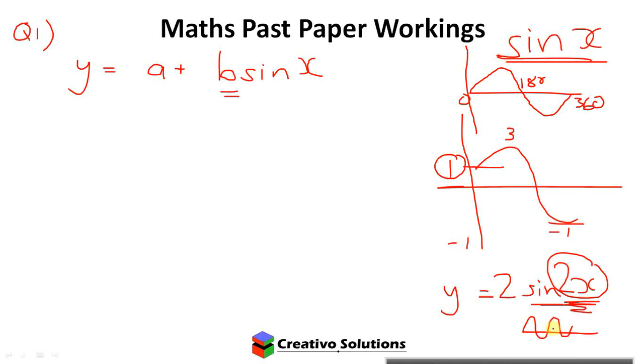Okay, there you have the format for the a bracket sine x. And when you double it, this changes the amplitude. Okay, in other words, you've got 2 graphs. If you have a 2 outside, the 2 is going to change the answer.